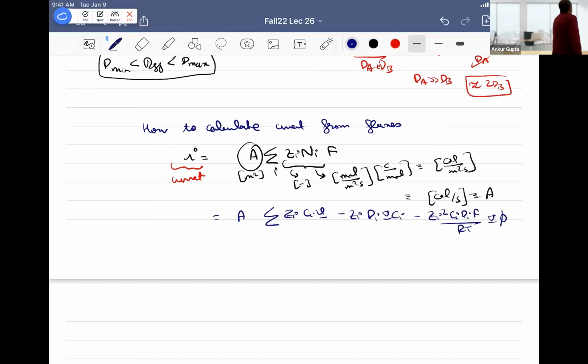Okay. So I just wanted to show this. So there are three parts: convection, diffusion, electromigration.